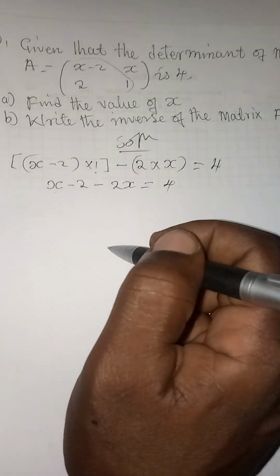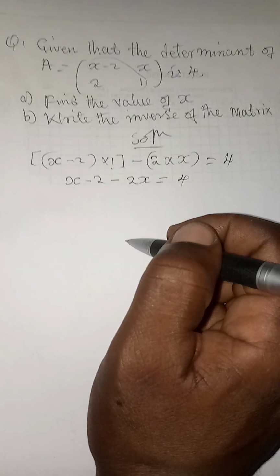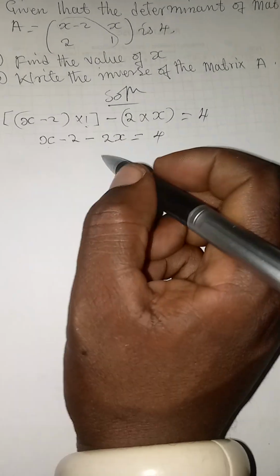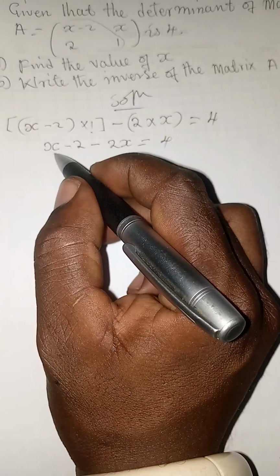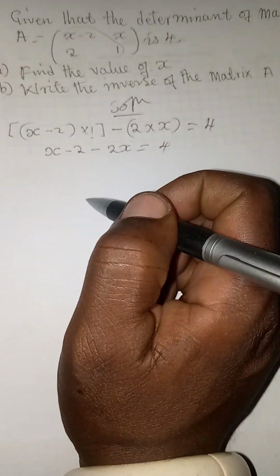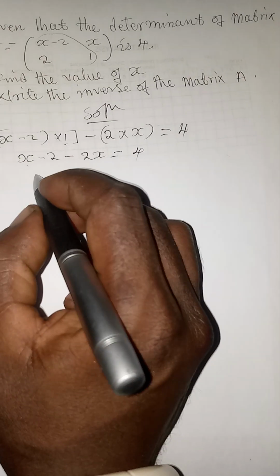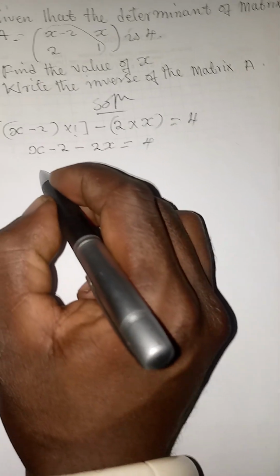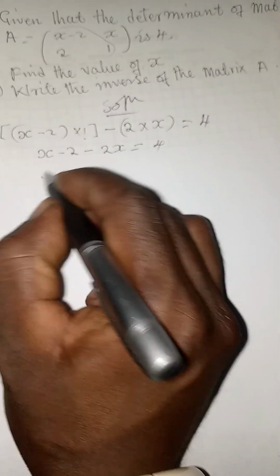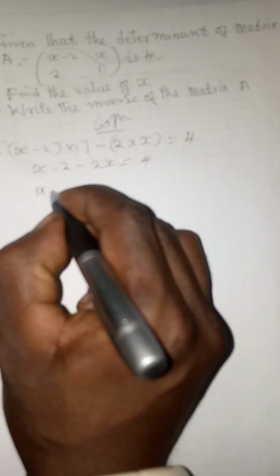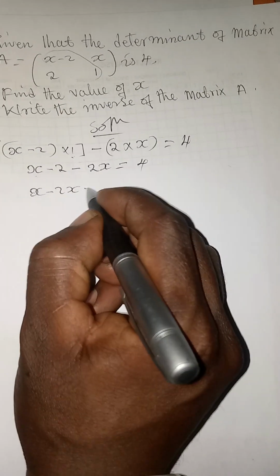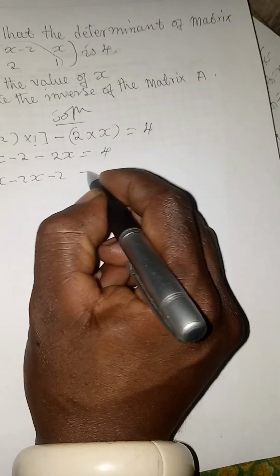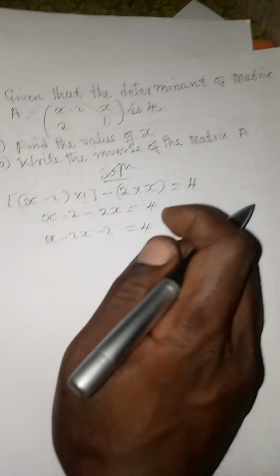Now we group the like terms together. In this case, we have x and the 2x. So we say x minus 2x minus 2 is equal to 4.